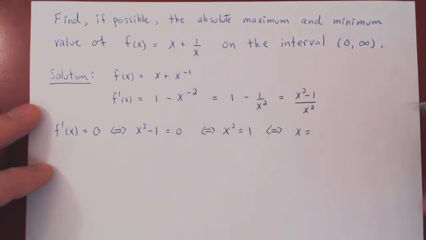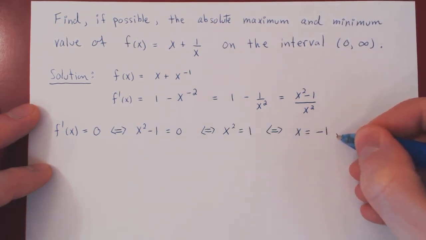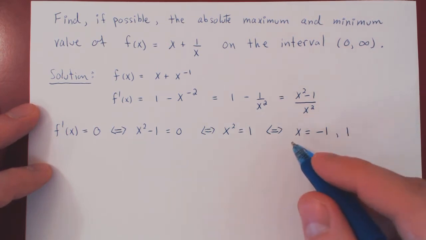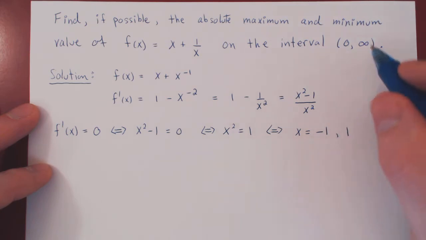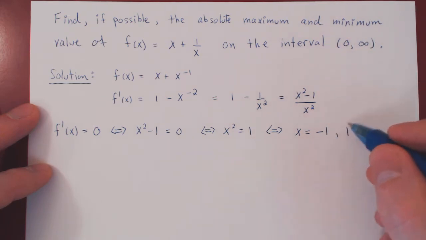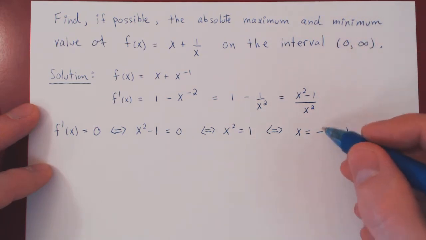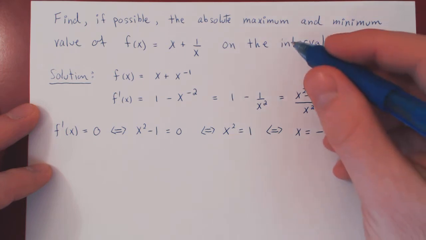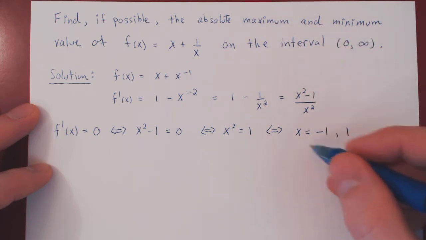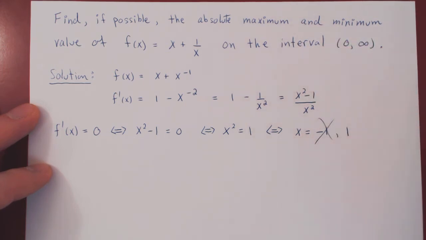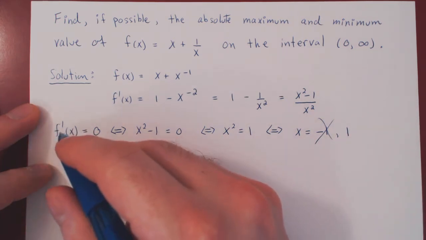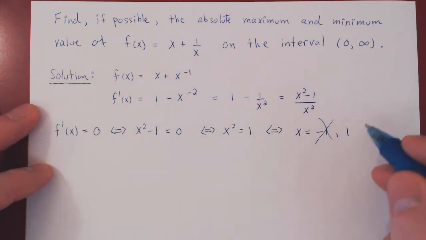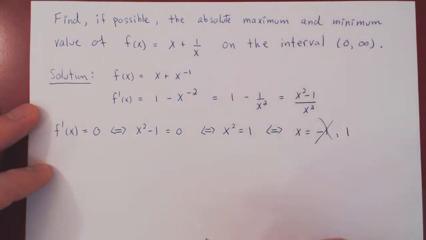If x squared is 1, x could be negative or positive 1. But again, remember that we are only interested in critical points inside of the interval. 1 is inside our interval, not negative 1. Negative 1 is outside the interval, and so we reject it. So we only have one critical point where the derivative is 0 that lies inside of our interval.